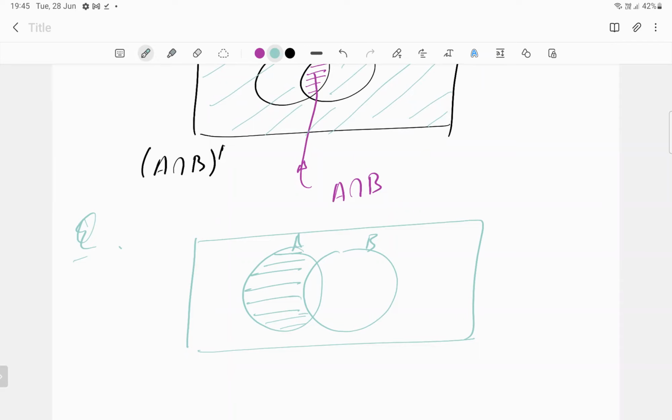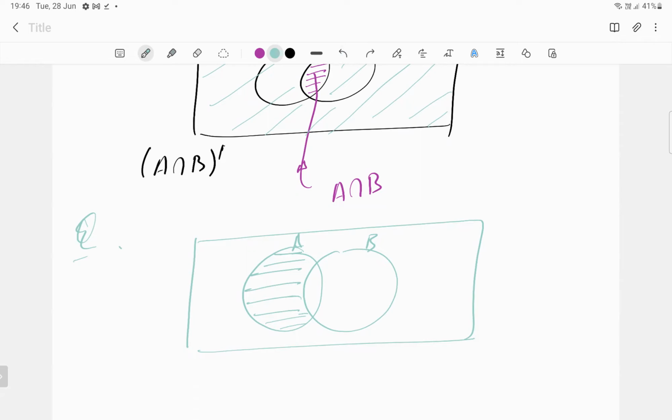The complement of B, this should also include. A intersection B is this part.